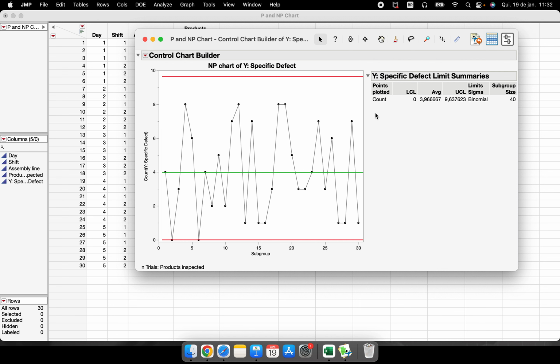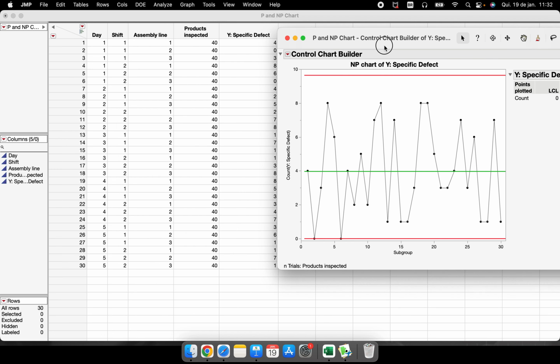And if you watched the P chart, you will see that the numbers here are different. Here we are talking about the count of our specific defect. There we had the proportion of that defect. So the objective, the target, the goal here is a little bit different.